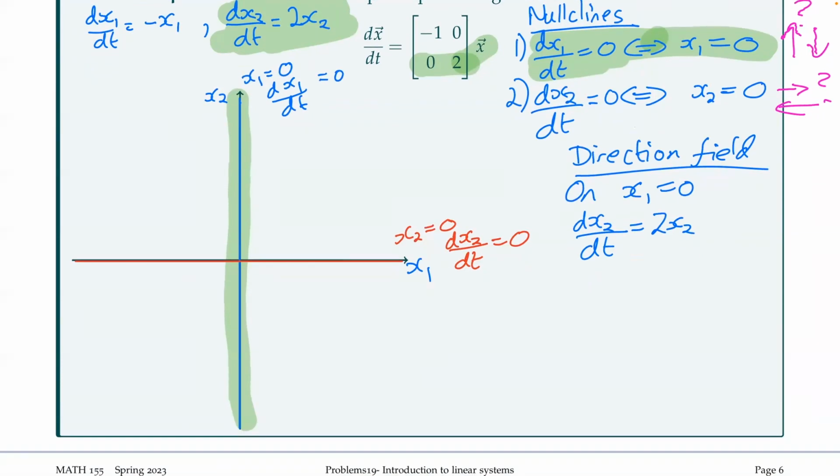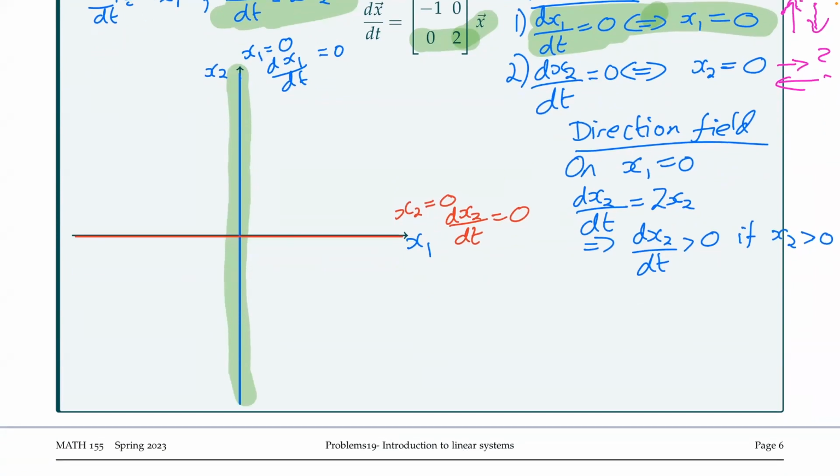So that tells me that dx2 dt is going to be positive if x2 is positive. I don't care about the magnitude of the change, I just care about the sign. And to get dx2 dt to be negative, we need x2 to be negative.